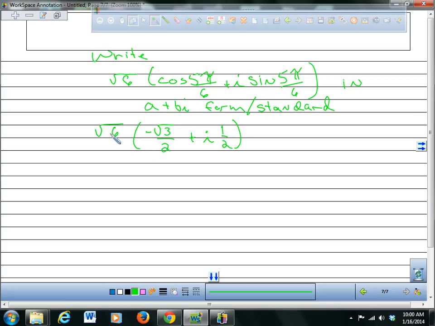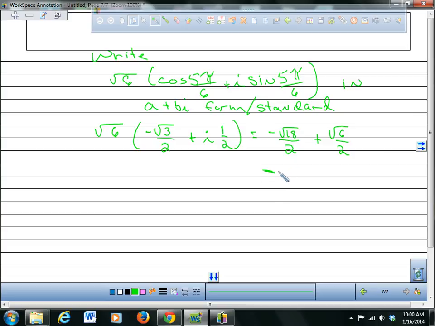You can multiply square roots together, you just can't add them or subtract them. So this is negative square root of 18 over 2 plus root of 6 over 2. I guess you could simplify that a little bit. Square root of 18 can be written as 3 root 2.